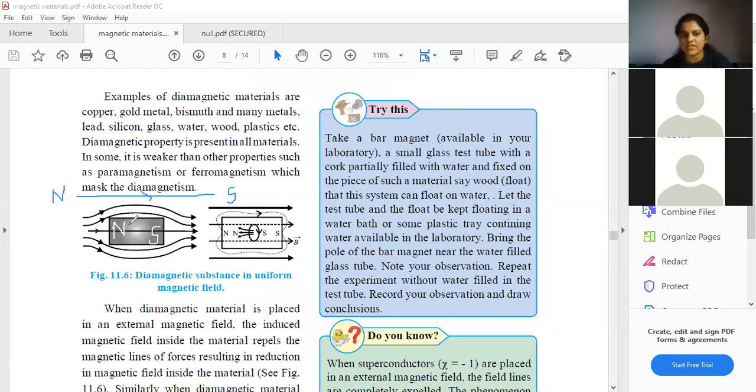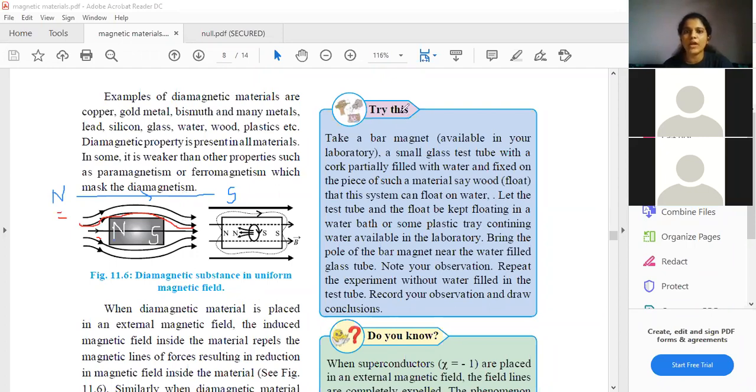Since this is north inside, and outside the direction is also from north to south, the magnetic field lines won't be able to penetrate. This north and this north will obviously repel each other. That is the reason you can see the field lines come here but are repelled from the inside north pole, so they tend to move around the material.